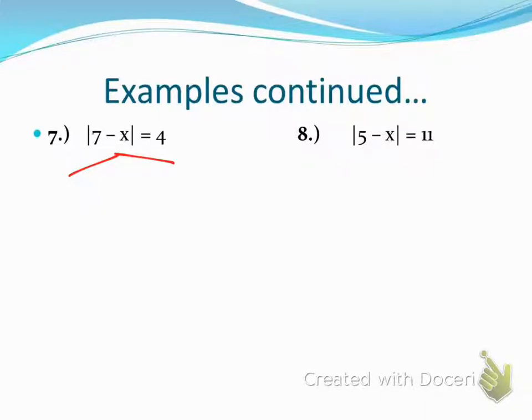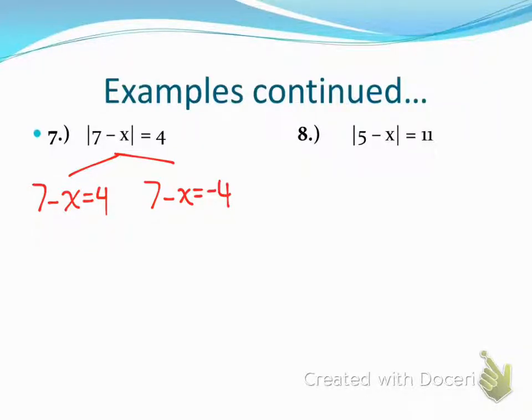Delaney, what's one of my equations going to be? 7 minus x equals 4. Thank you. All right. Jalen, what would my other equation be? 7 minus x equals -4. Wonderful.